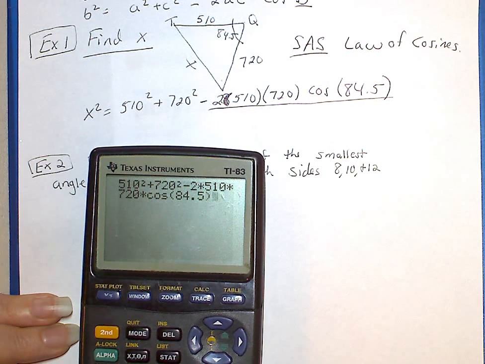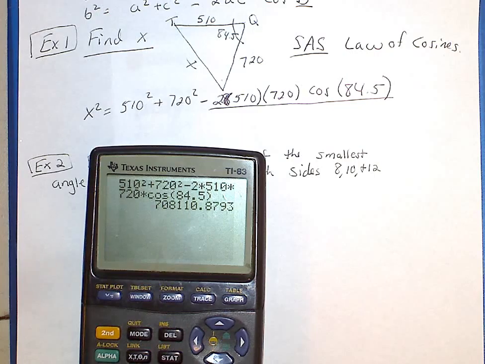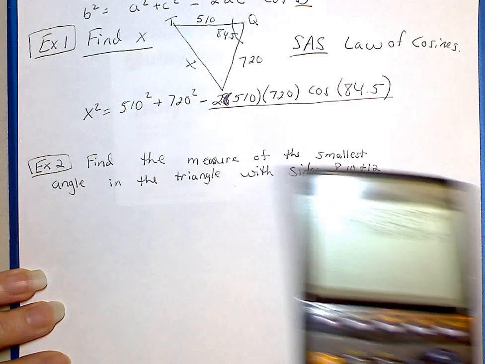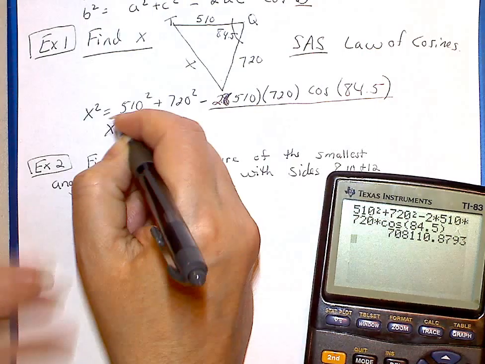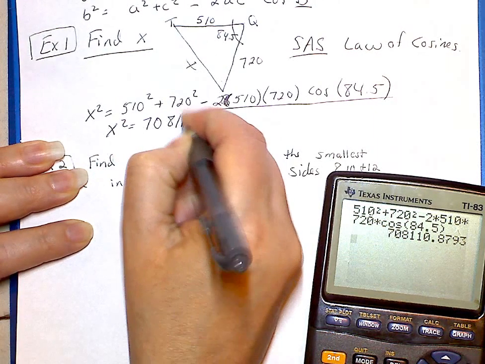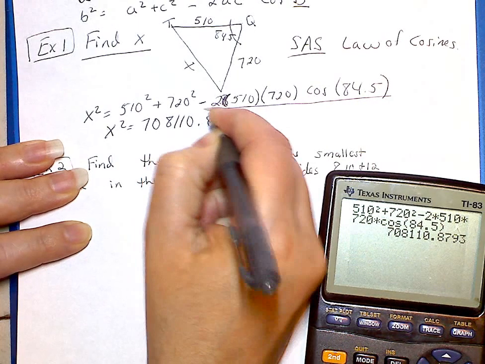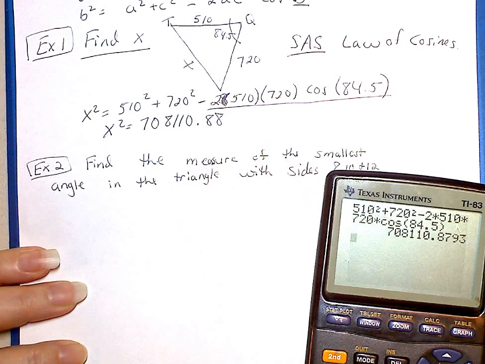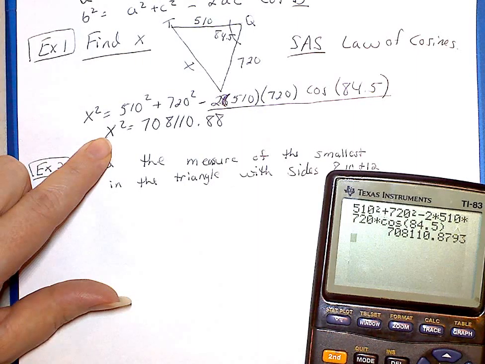And I get, so x squared is equal to 708,110.88. Then how do I solve for x? Yes, just take the square root.